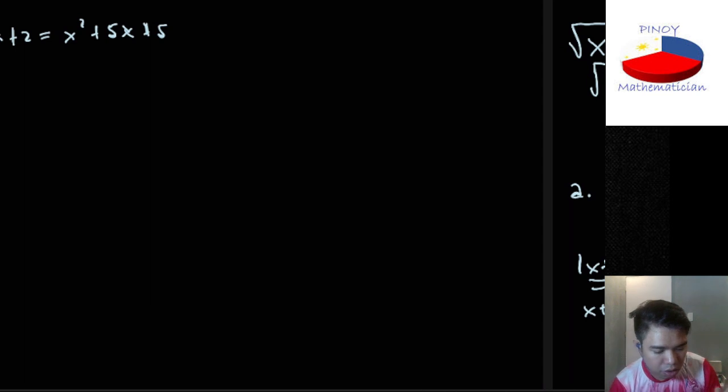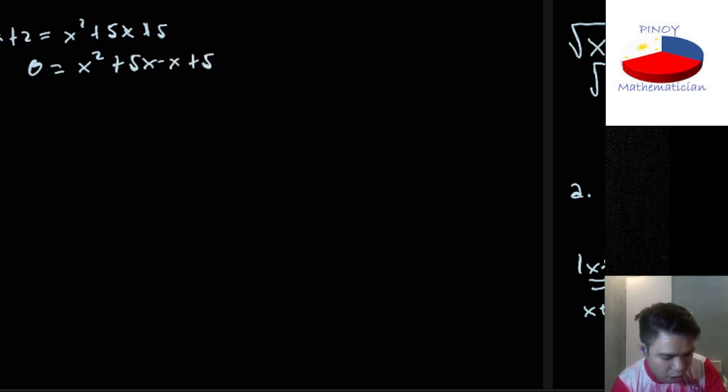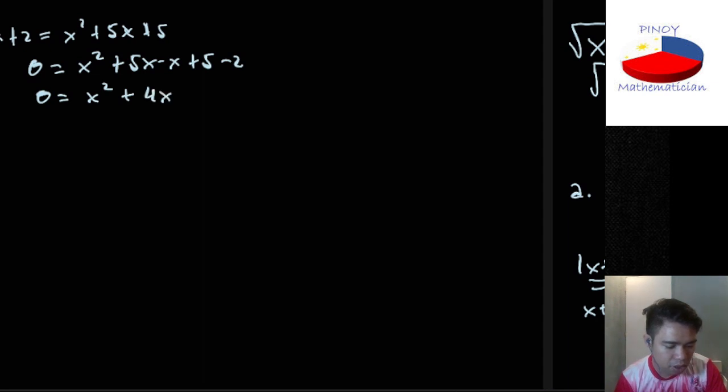All right, so we're going to solve this. Let's transpose everything to the other side: x squared plus 5x minus x plus 5 minus 2. So this will be x squared plus 4x plus 3.